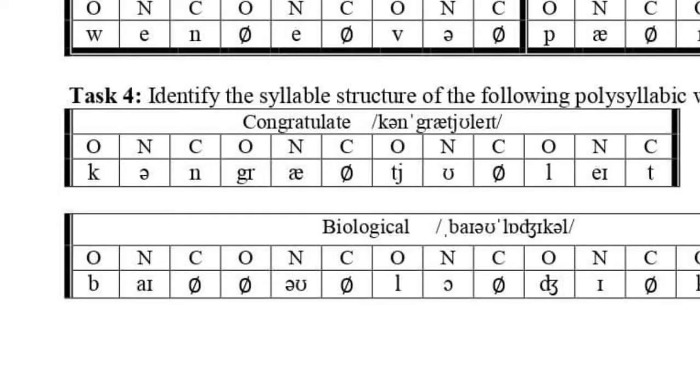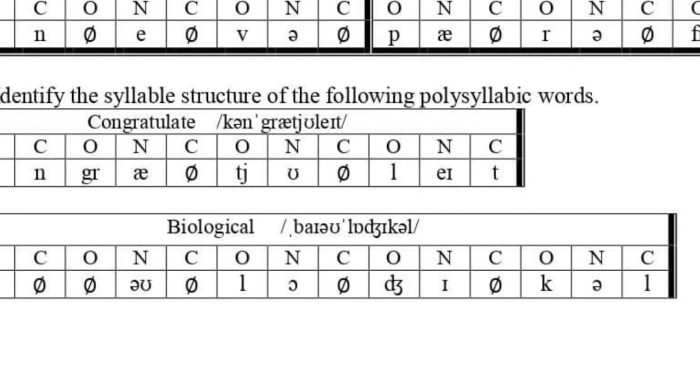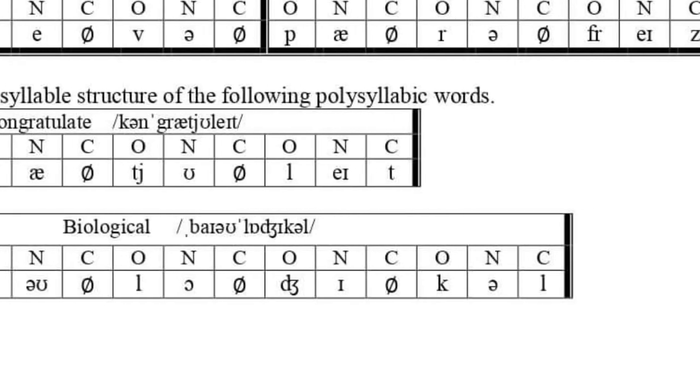The second syllable, which is only the diphthong o, so the onset is 0, the nucleus is the diphthong o, and the coda is 0 coda. The third syllable is lo, so we have the onset is l, and the nucleus is o, and the coda is 0 coda.